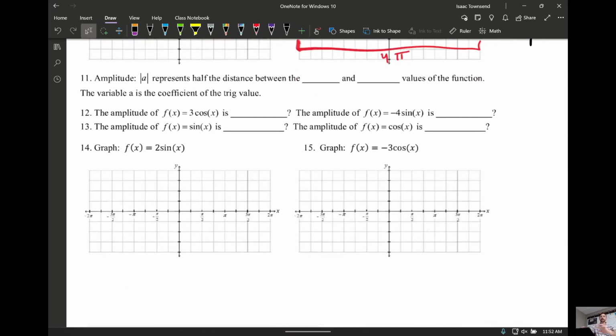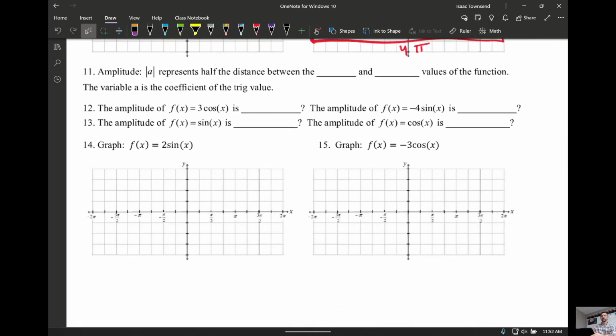Okay, then a second way to change the graph is something called amplitude. Amplitude, the short version of that would be how tall the waves are. If you want the waves to be taller or shorter, that would refer to amplitude. The definition is that it is half, keyword, half the distance between the min and max values of the graph.